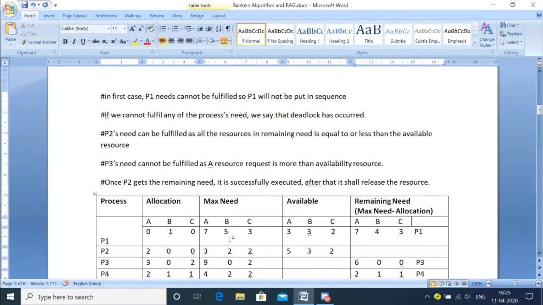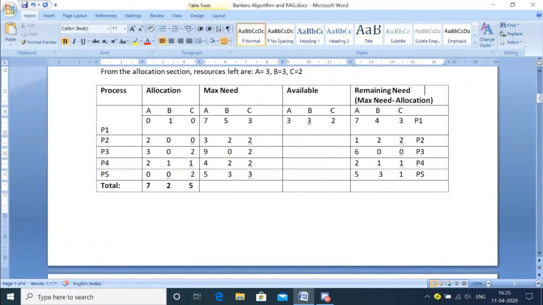So what will happen if that is the case? There will be some updation. What updation will take place? This is a little bit crucial.